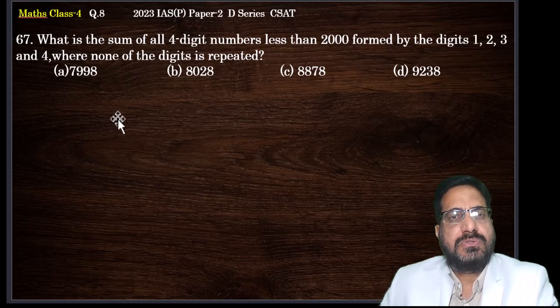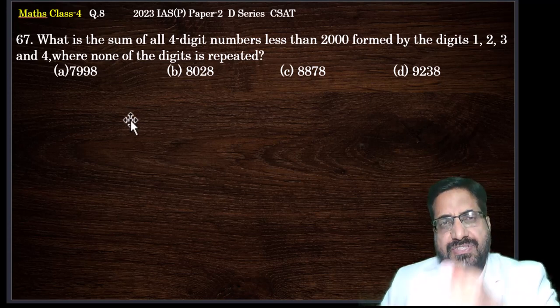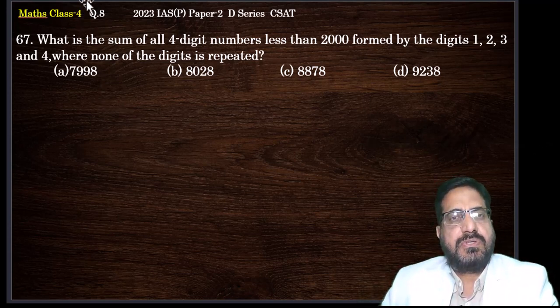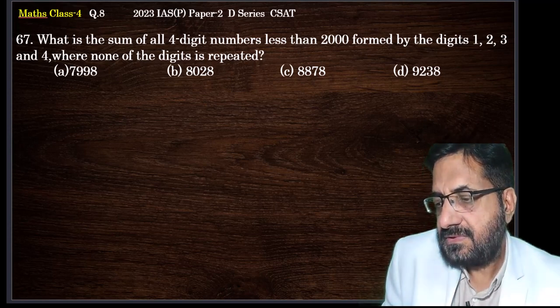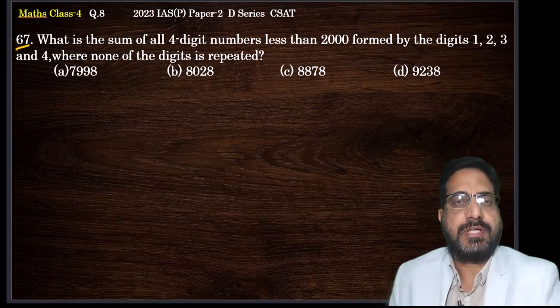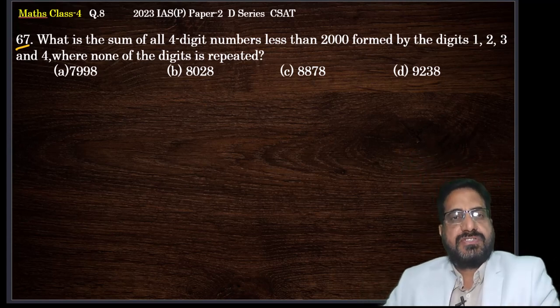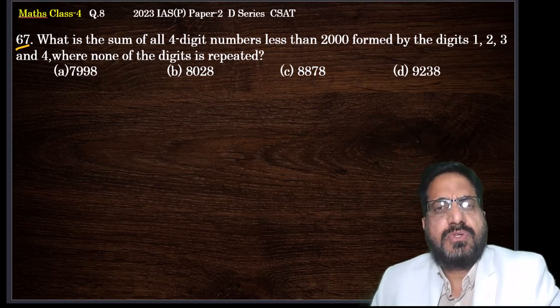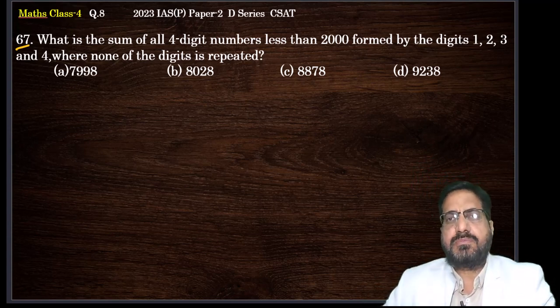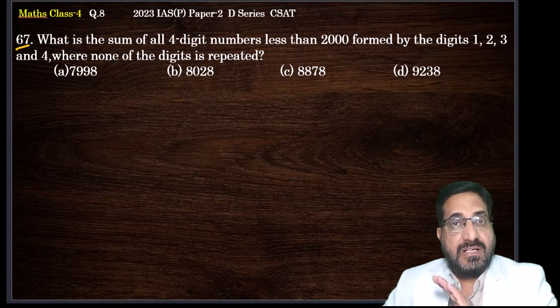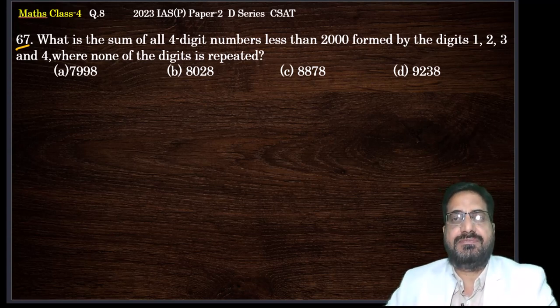Now we'll move on to the next question. This is question number 8 in my series. In the actual question paper, the D series question paper, it is the 67th question. Now what is this question? What is the sum of all 4-digit numbers less than 2000 formed by the digits 1, 2, 3 and 4, where none of the digits is repeated?